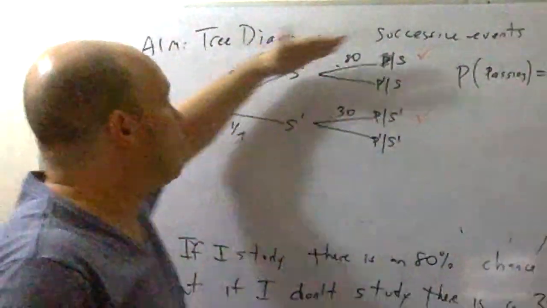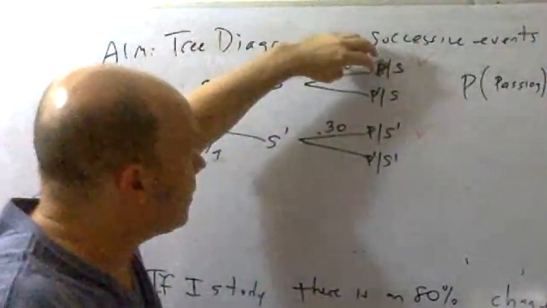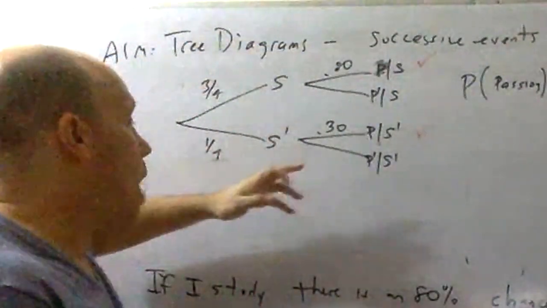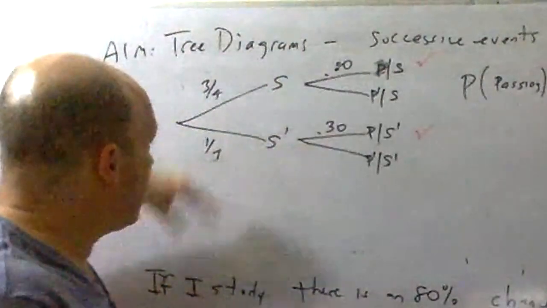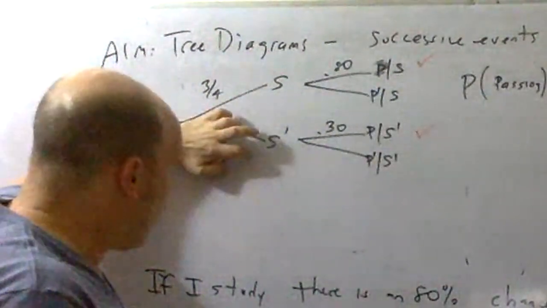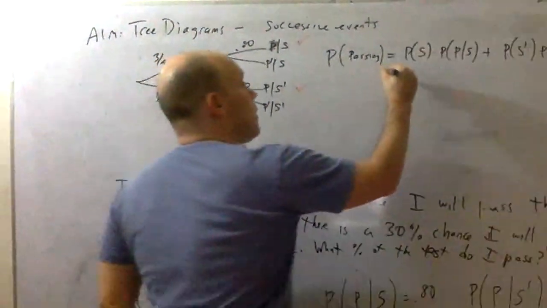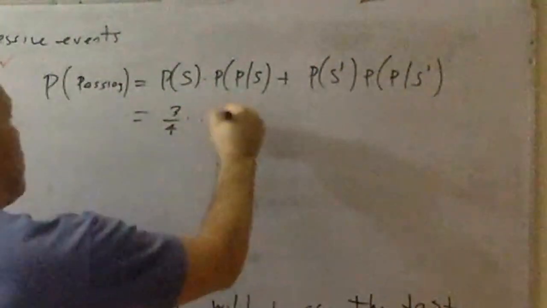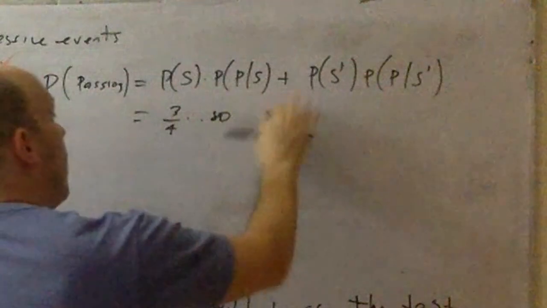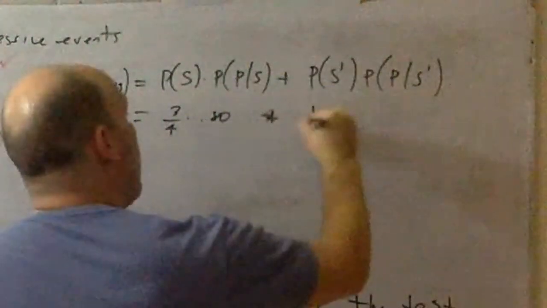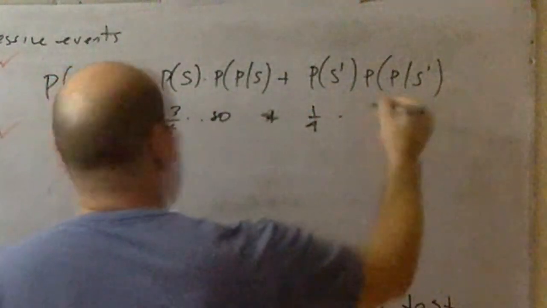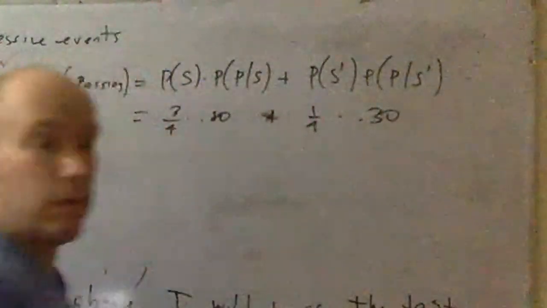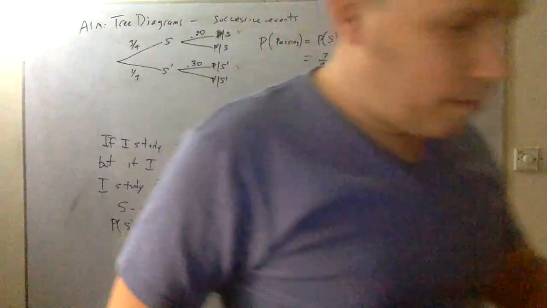Once again, the probability of a path is the first branch times the second branch. So we have 3/4 times 80% plus 1/4 times 30%.